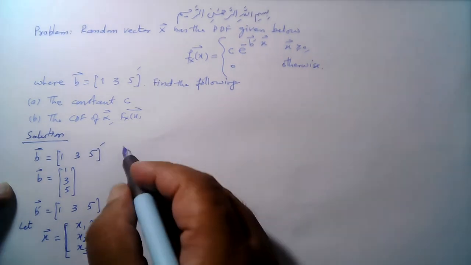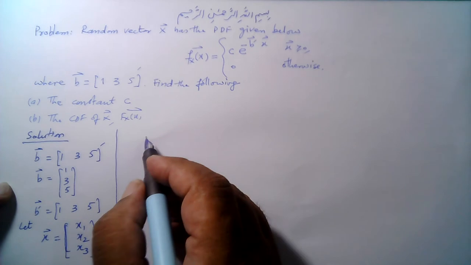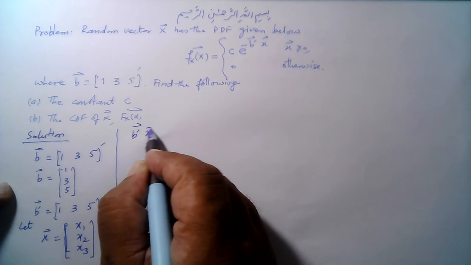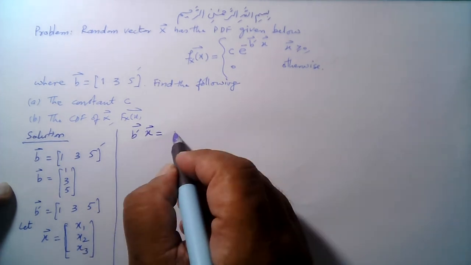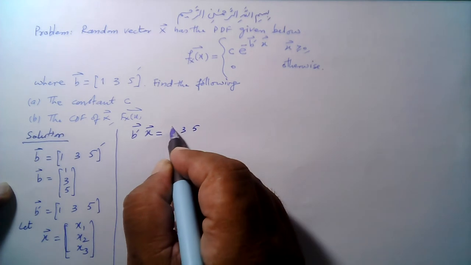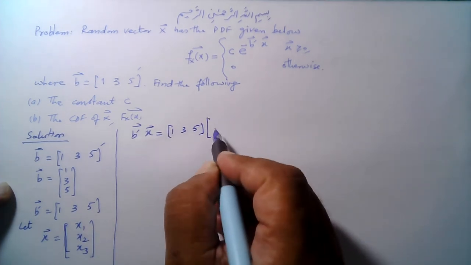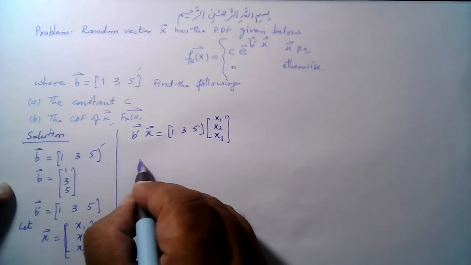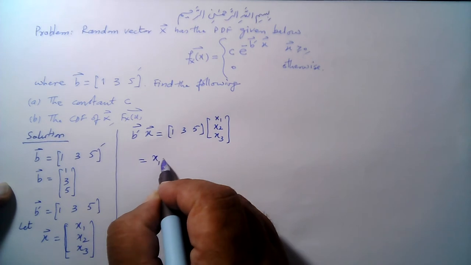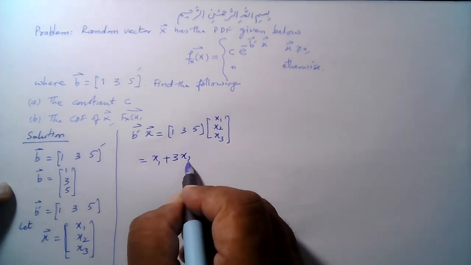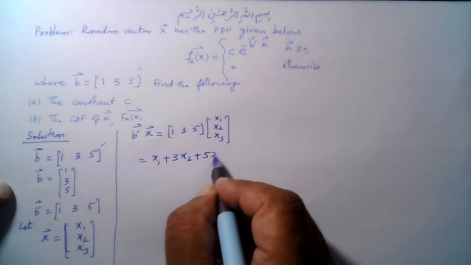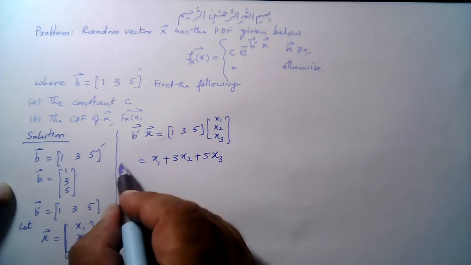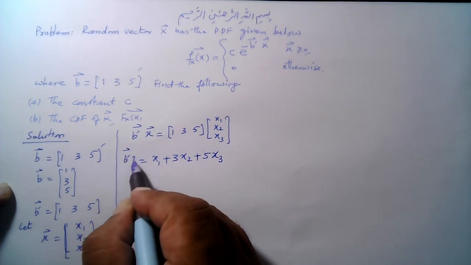So let's now evaluate this expression b dash bar x bar. That will be equal to the product of this row vector 1, 3, 5 multiplied by x1, x2 and x3. So 1 multiplied by x1 plus 3 multiplied by x2 plus 5 multiplied by x3. So this is b dash bar x bar, right?